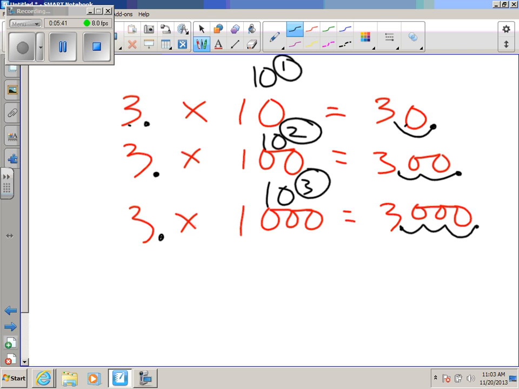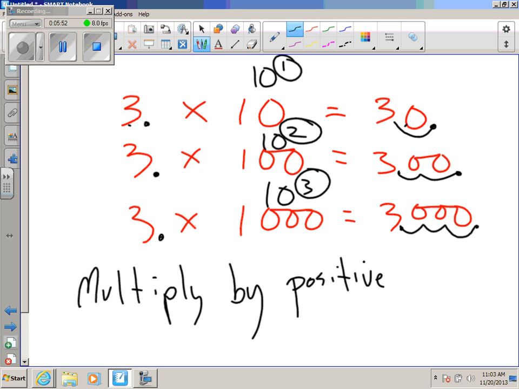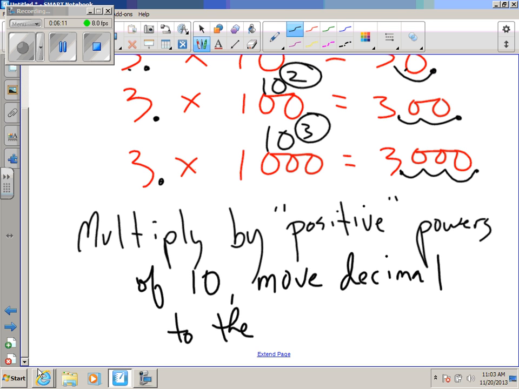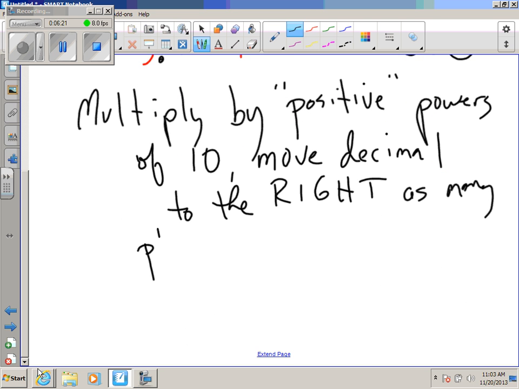So when you multiply by positive powers of 10, move the decimal to the right as many places as the power says. Well, it doesn't really say anything, but you know what I mean.